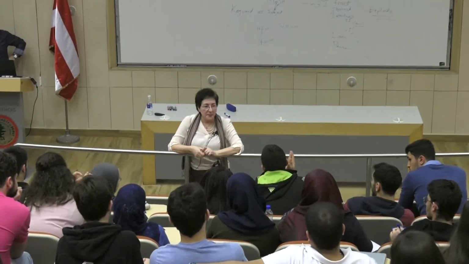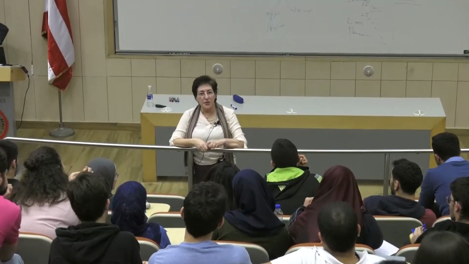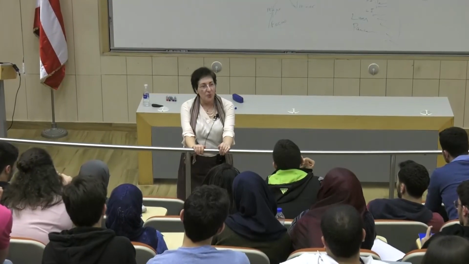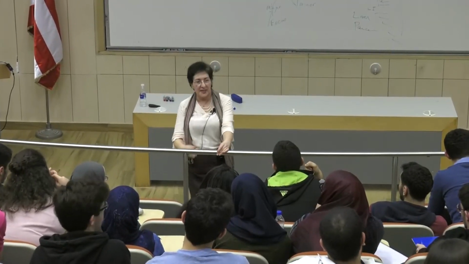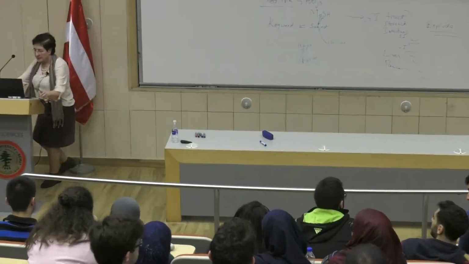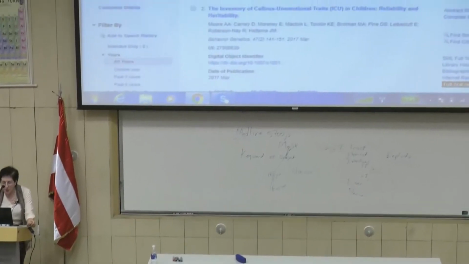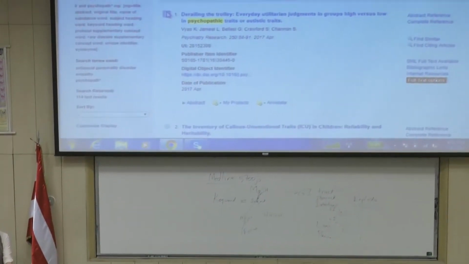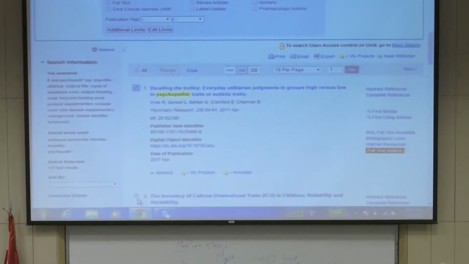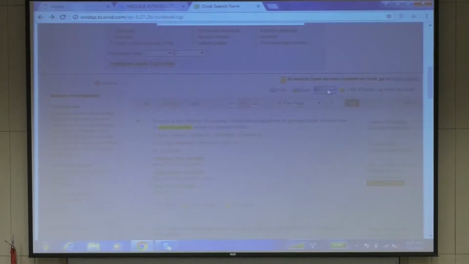Is there an option to cite? To cite, you can export citations to RefWorks or EndNote. Yes, definitely. You want me to show you how? Okay, I can take this one, for example, and this one, and I can export.